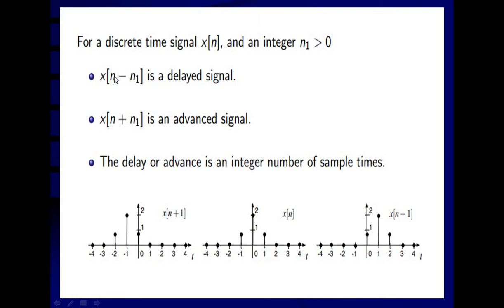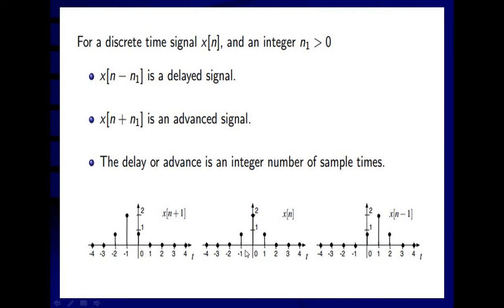Similar to the CT signal example, x of n is your discrete time signal. x of n minus n1 will create a delayed signal. x of n plus n1 will create an advanced signal. What we have to do is of the same type. For x of n minus 1, the delayed signal, simply move the entire signal to the right side. To create x of n plus 1, simply move the entire signal to the left side.